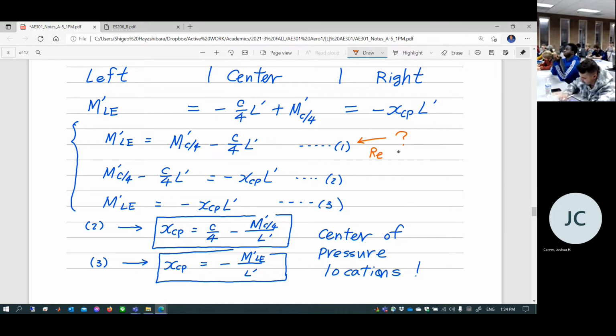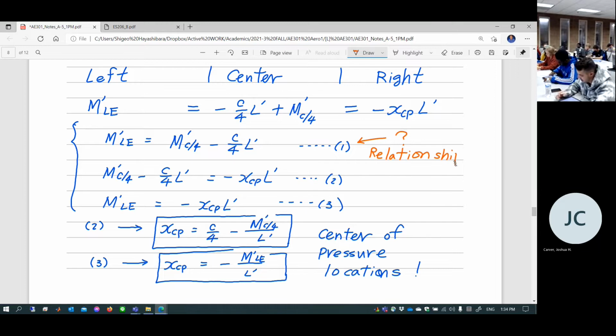Lots of people actually forget about this at final exam time. Because I can pick up this relationship as extra information to solve the final exam, which is kind of important. It seems impossible to solve, but whoa, don't you remember this? If you're given leading edge moment, you can get quarter chord moment. If you're given quarter chord moment, you can get leading edge moment. Period. This is a relationship.